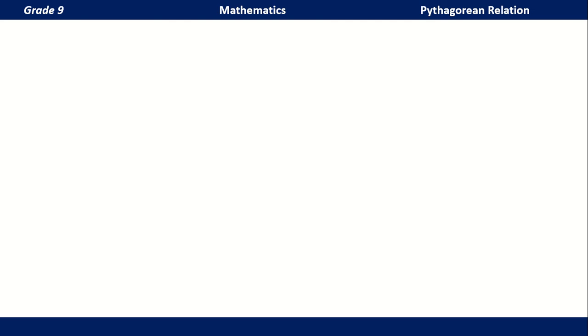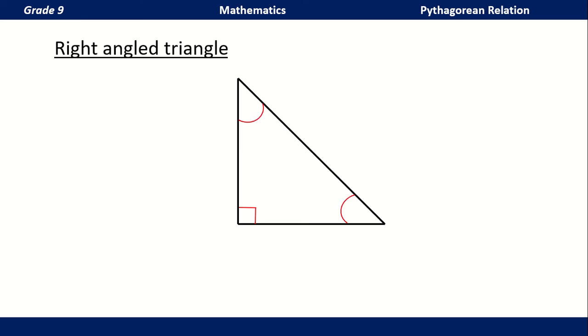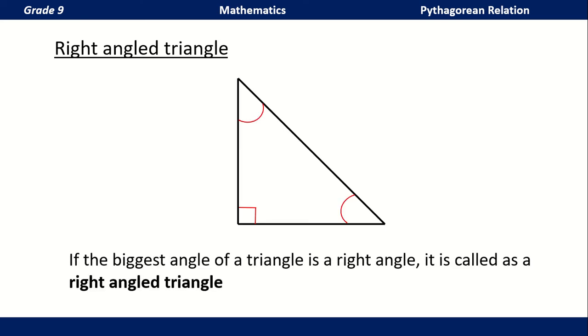Among these three types, the right angled triangle is a special type. As I mentioned, if the biggest angle of a triangle is a right angle, we call it a right angled triangle. Okay, now my dear students, let's focus on the special properties and characteristics of a right angled triangle.